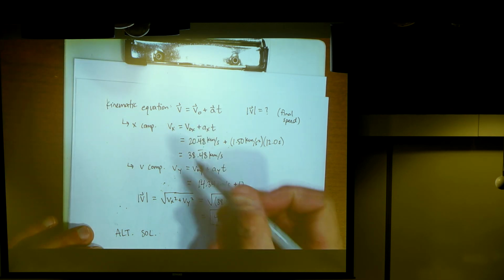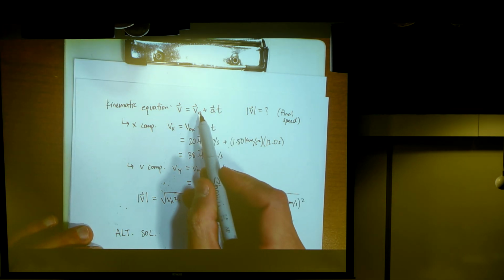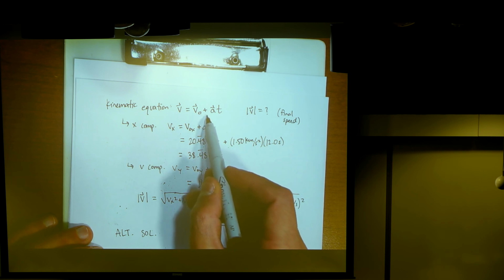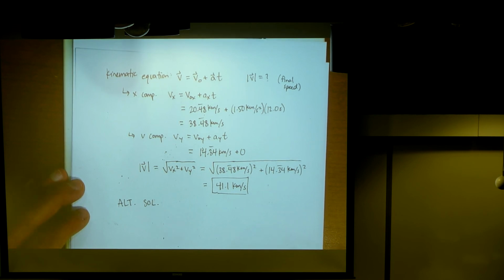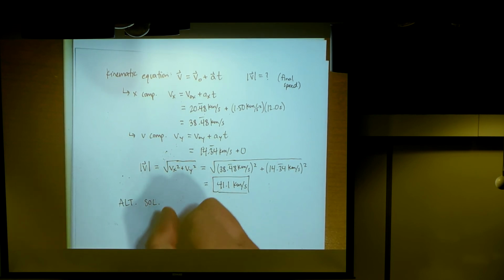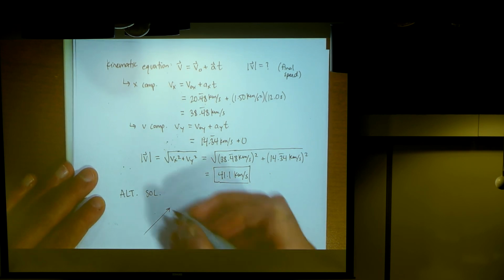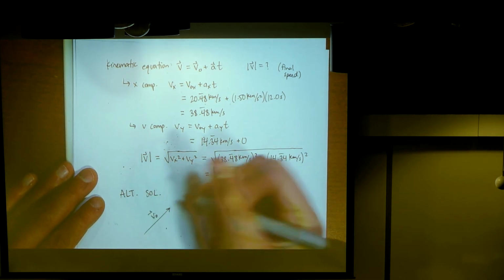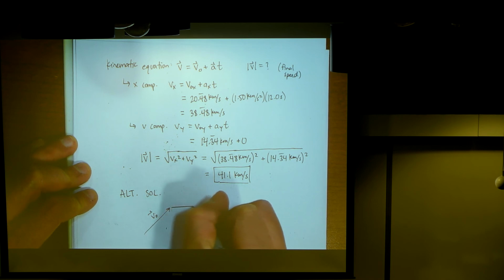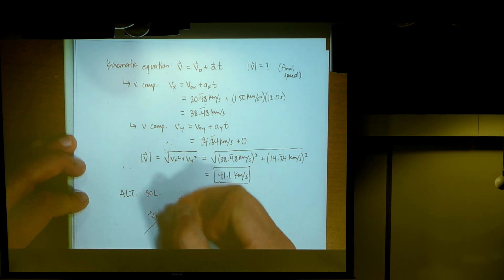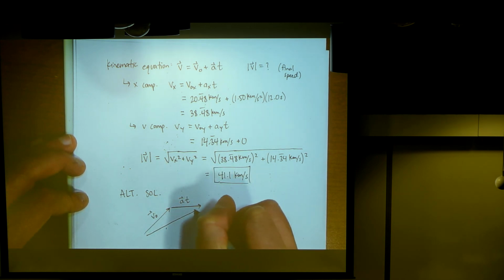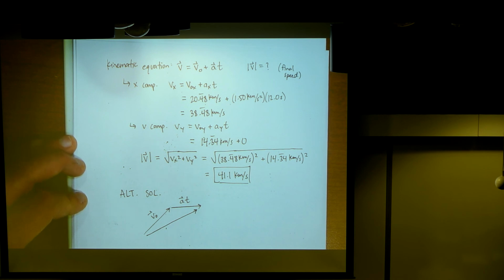So it's telling us we take our V naught vector, and then we add to it our vector AT, and then we get our final velocity vector out. So our V naught vector goes up and to the right like this. Our acceleration goes straight to the right like this, so that's AT, added tip to tail. And then our final velocity is the resultant of that addition.